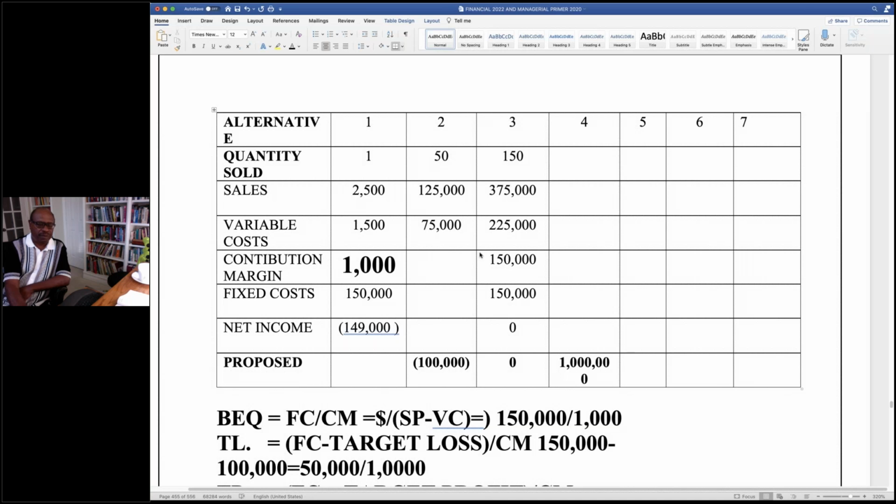Contribution margin? 50,000. Fixed costs? 150,000. What's the loss? $50,000 income, less 150 fixed cost, is 100,000. A $100,000 loss, which is what we were looking for.